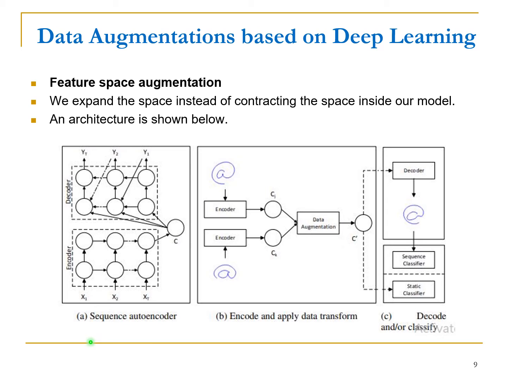So we can see on the left we have a sequence autoencoder, and what we do is that we feed our examples into this sequence autoencoder, and the encoder's hidden state at the final time step is called the context vector C. Then in the middle image we can see that we have fed two images into the sequence autoencoder, and we have obtained their context vectors C1 and C2 for example, and then we can perform data augmentation based on interpolation, noise injection, or extrapolation.